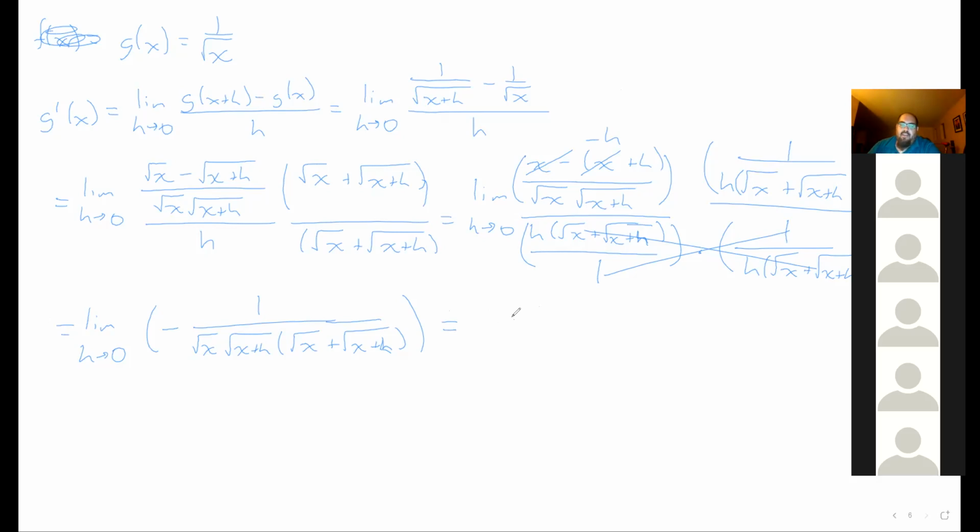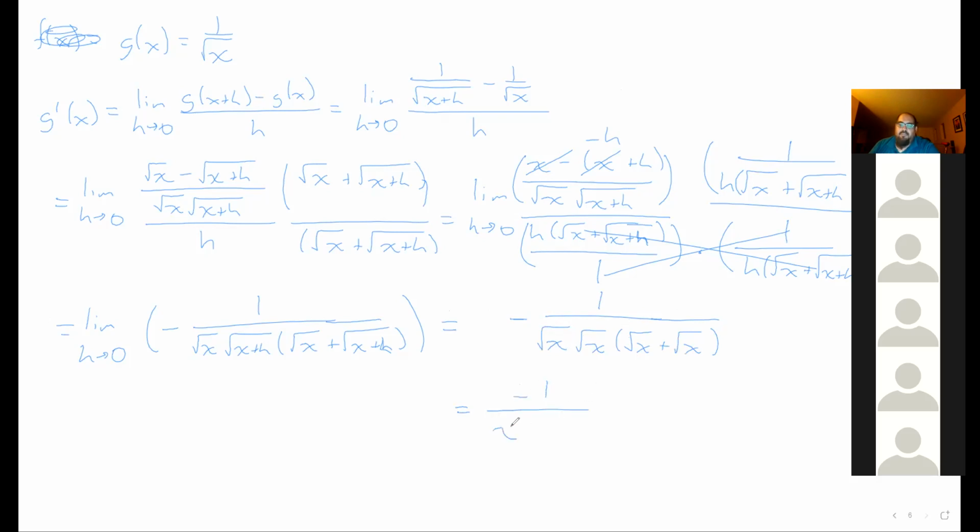So doing that, you get negative 1 over radical x times radical x plus radical x. Hopefully, now that we've evaluated the limit, this just becomes easier to deal with. I'll try to take this slow.